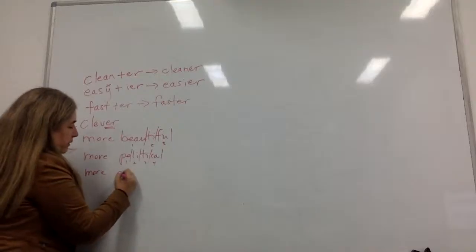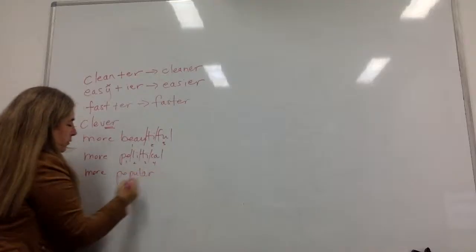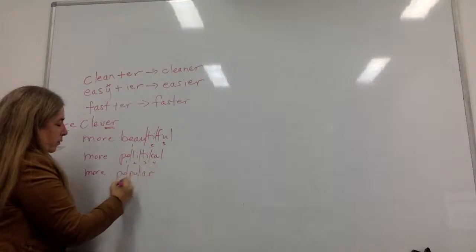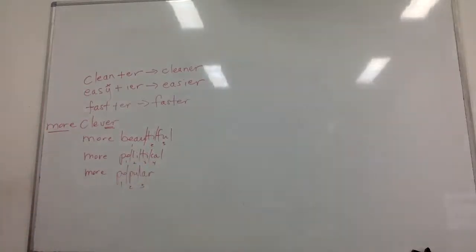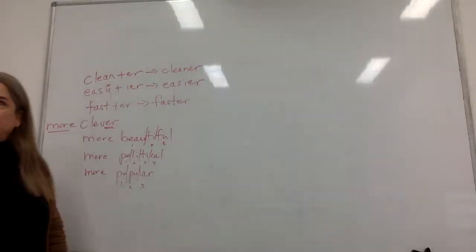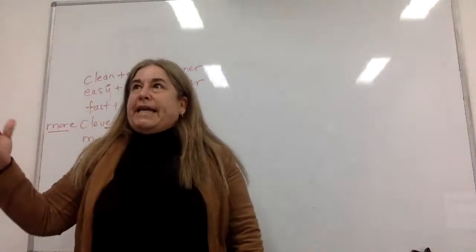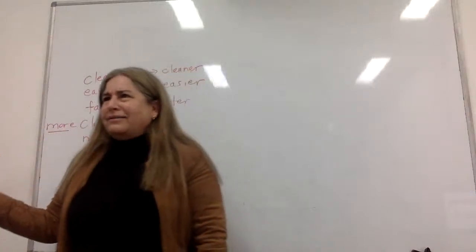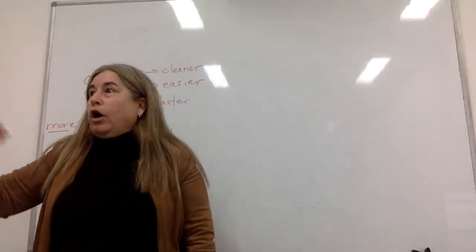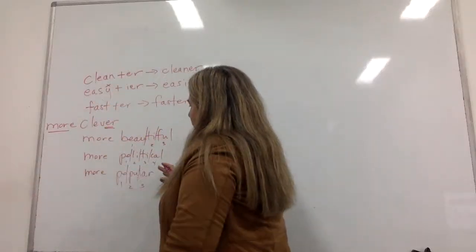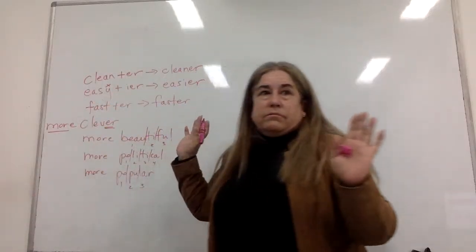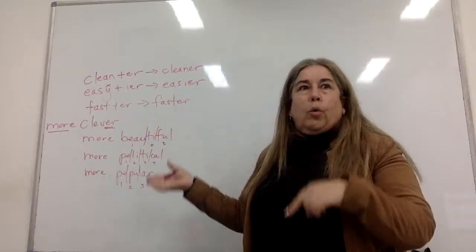Oh, popular. So popular. 1, 2, and 3. More popular. Okay? More difficult. What about if you say amazing? Can you say amazinger? No, you can't. So you go more amazing. Yes? And that's it. So short, long words.